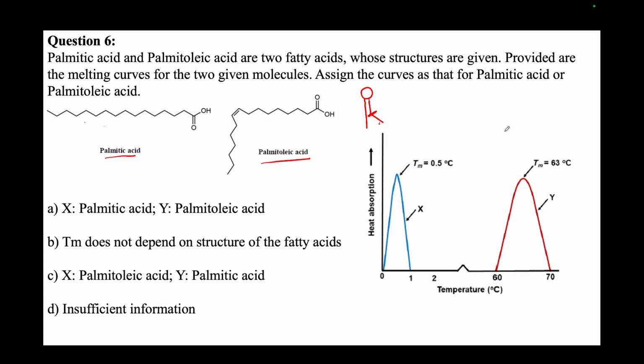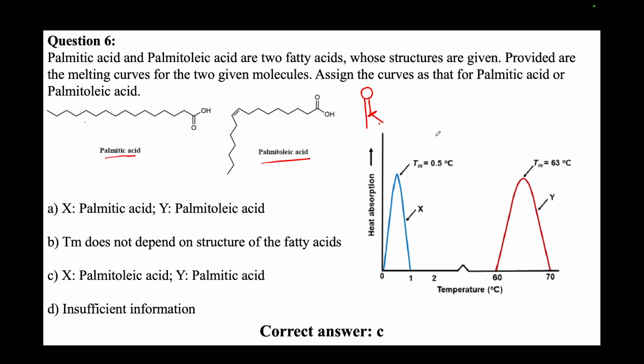Melting means when it denatures. If I am heating a compound, it will denature when it reaches a certain temperature, and that temperature is the melting temperature. So for palmitic acid to denature, it will require a higher temperature.